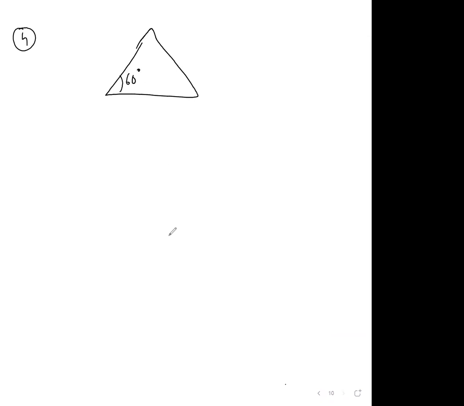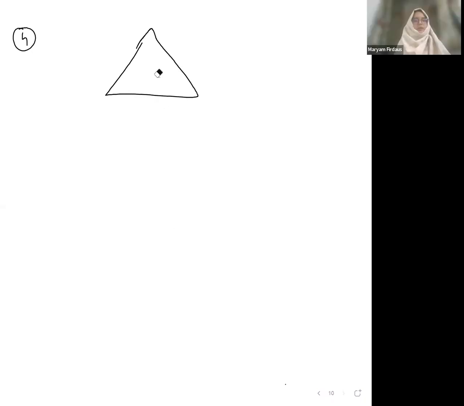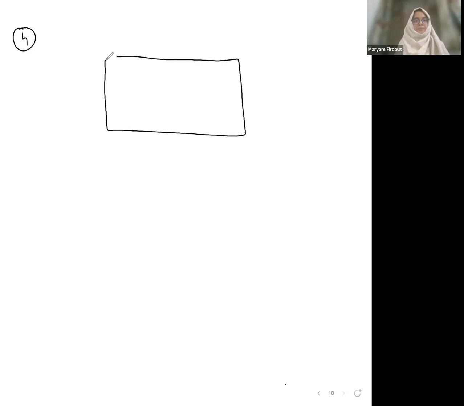Next question, Hiba, question number 4. If one angle of a triangle is 60 degrees. Can you explain what this ratio means? See, Hiba, ratio means, I think I've explained it to you before. But see, let's say this is a rectangle.